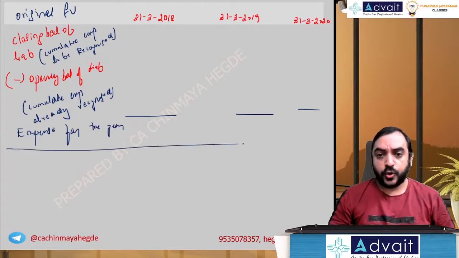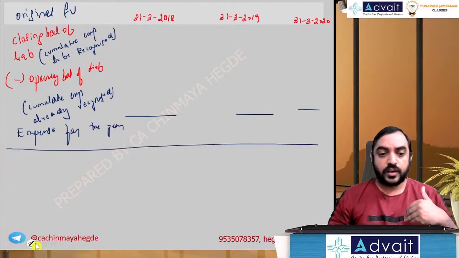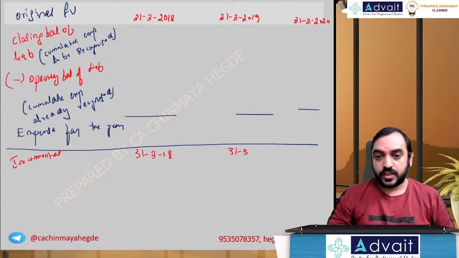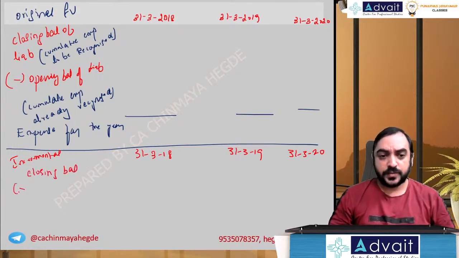The same thing I'm going to repeat for this revised one, that is the modification, modified one, incremental. I will say incremental. Same format I will follow: 31st March 18, 31st March 19, 31st March 20. Closing balance, I will not repeat the explanation. Hope you understand. Minus the opening balance. Then expense for the year.